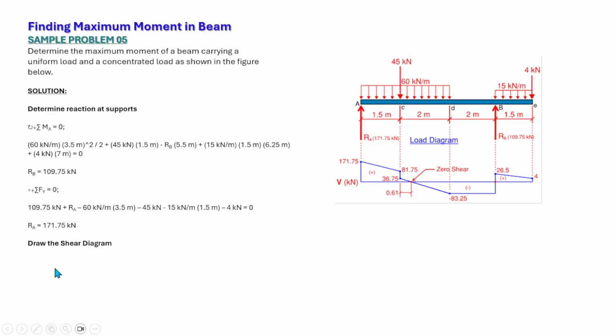We can now start to draw the shear diagram.